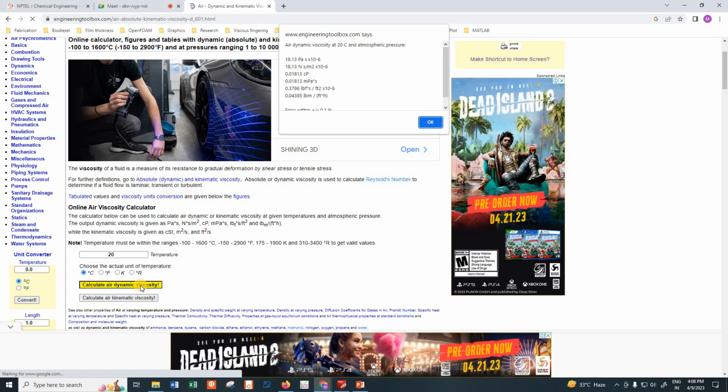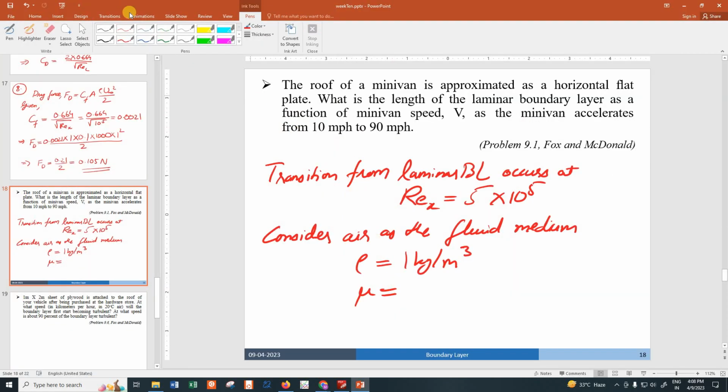So the aerodynamic viscosity would be in Pascal second, 18.13 times 10 to the power minus 6.